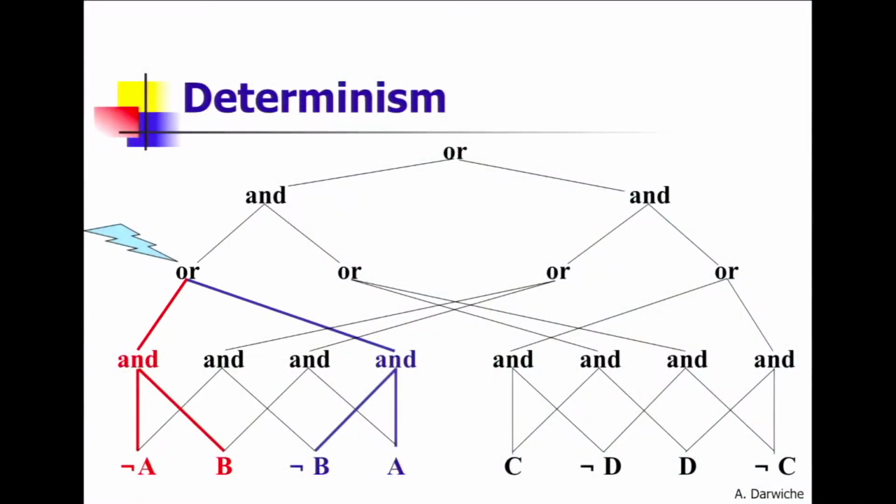That's the property of determinism. If you evaluate the circuit under any input and you look at the inputs of an OR gate, you cannot have two inputs that are high at the same time. Pretty influential property. Now, interestingly enough, if you put determinism together with decomposability, you can actually do counting, and you can solve problems in PP.